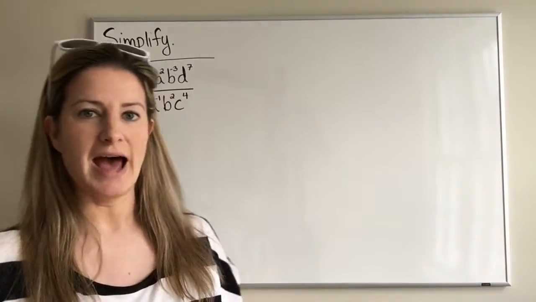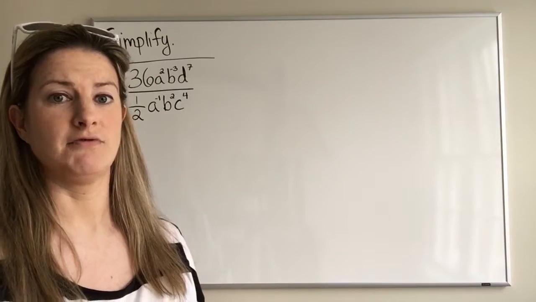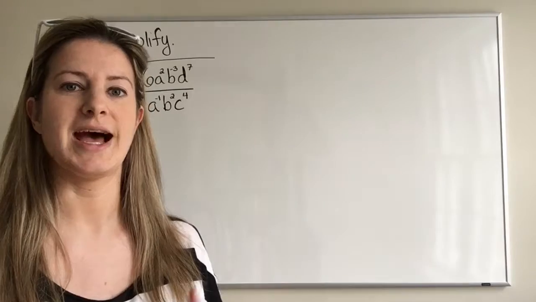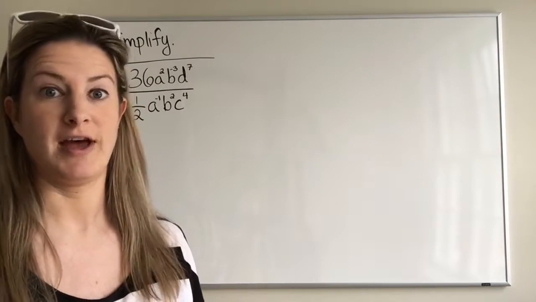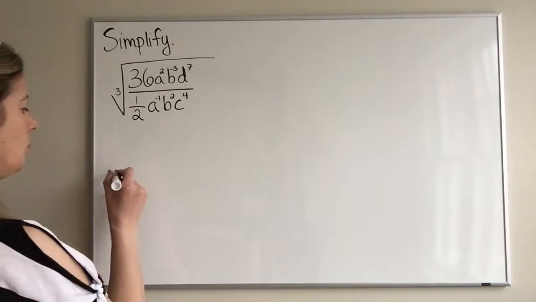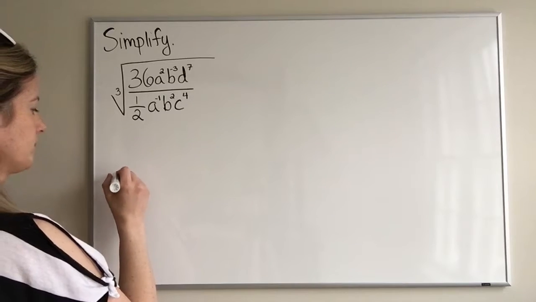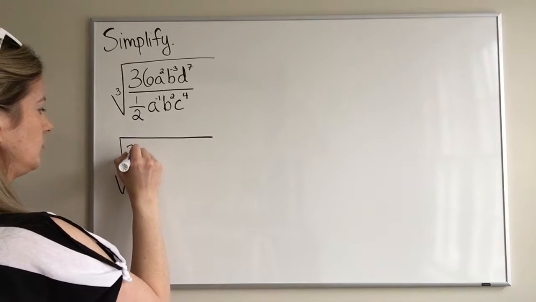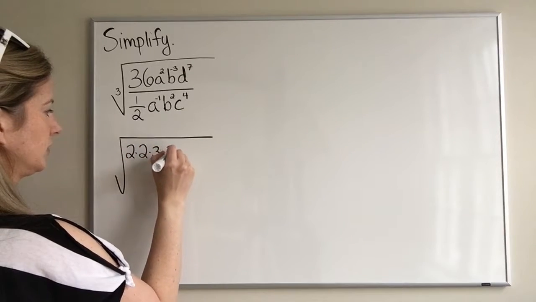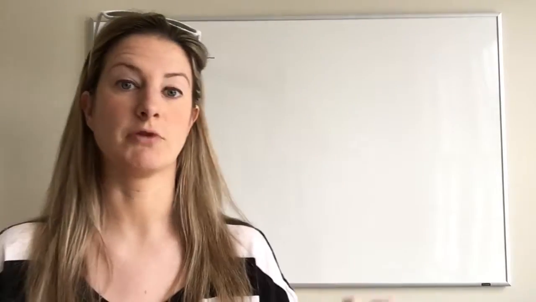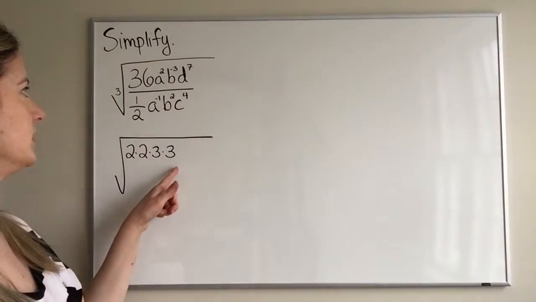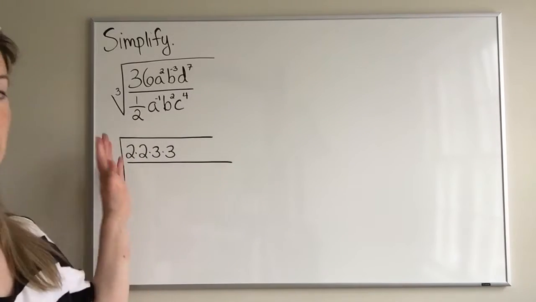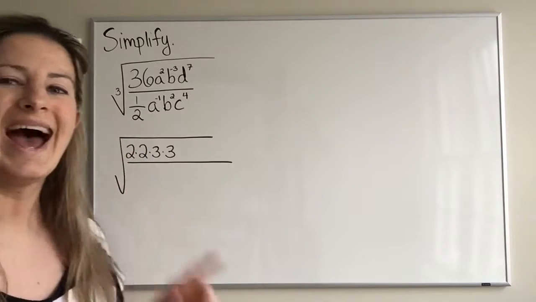The first tip I have for you when simplifying radicals, as you've seen if you've watched other videos, is to write our numbers as a product of their prime factors. So 36 is going to be 2 times 2 times 3 times 3, because 36 we know is 4 times 9. Then in our denominator, we're just working with the numbers right now, 1/2.